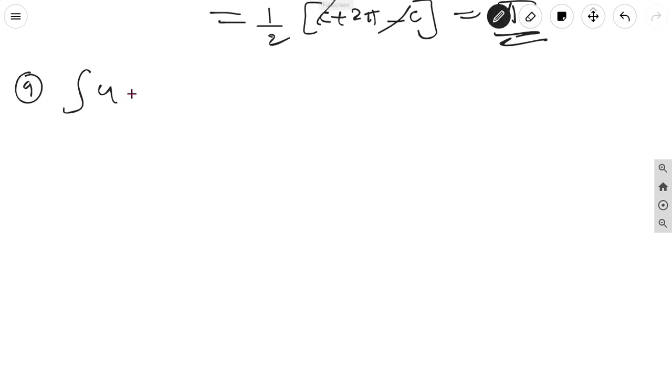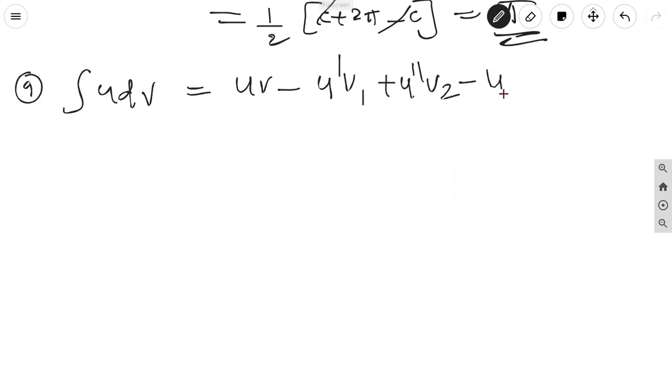Integral u dv is equal to u v1 minus u dash v2 plus u double dash v3 minus u triple dash v4, and so on. These are infinite.